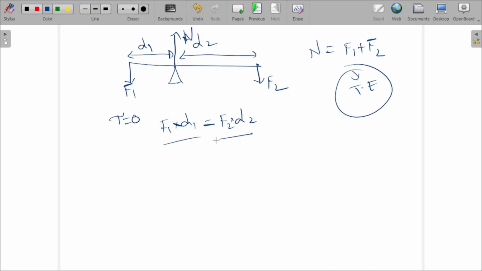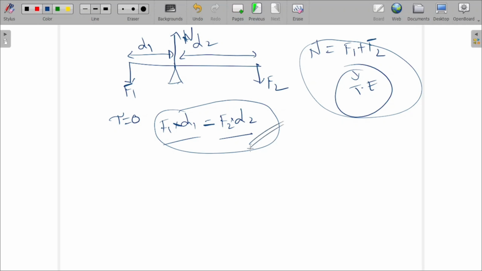So this is simple rotational equilibrium, and it is also in translational equilibrium. This is what is called the principle of moments. Understand? If the distance increases, the applied force will be less.